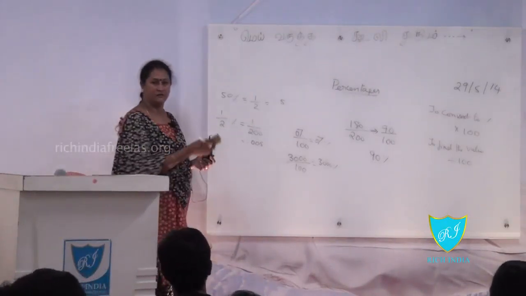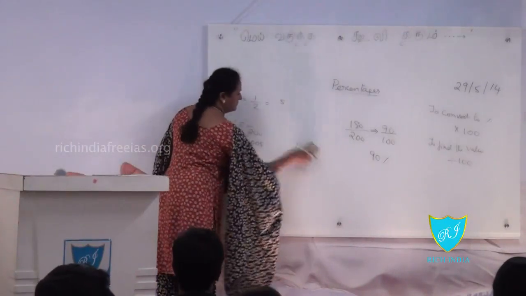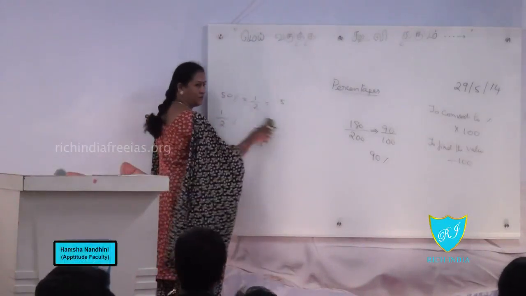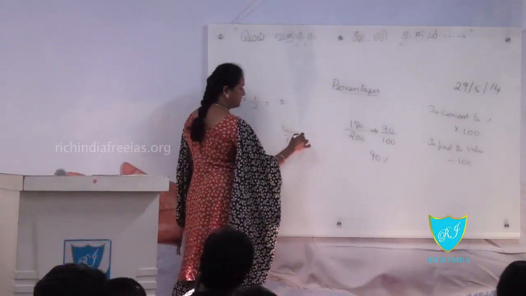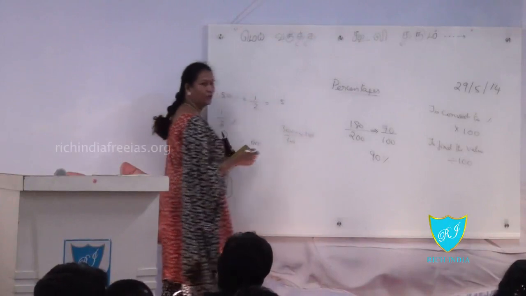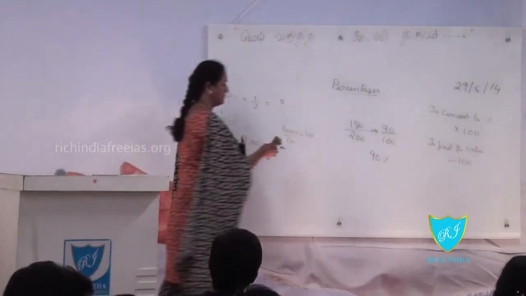Okay, I'll erase. So here you had 3000 by 100. To get the percentage, multiply this by 100. So you get the percentage, 3000.